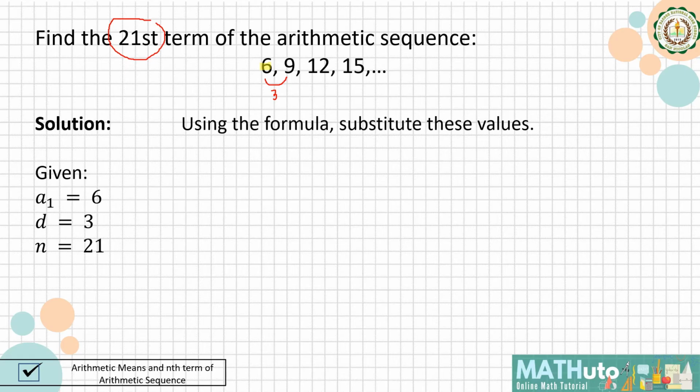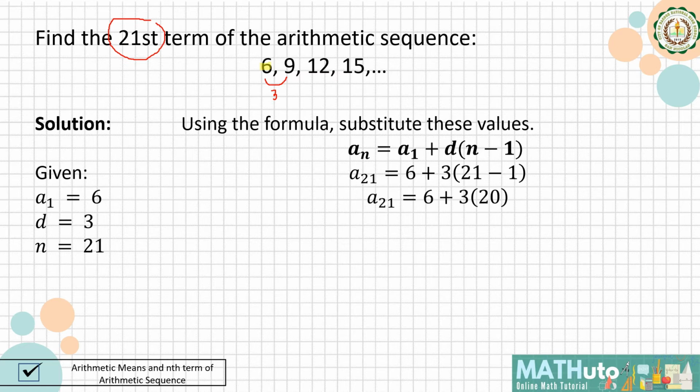Then, using the formula, we substitute these values. Our formula is a sub n is equal to a sub 1 plus d times n minus 1. Our a sub n will become a sub 21, a sub 1 is 6, our d is 3, and our n is 21.